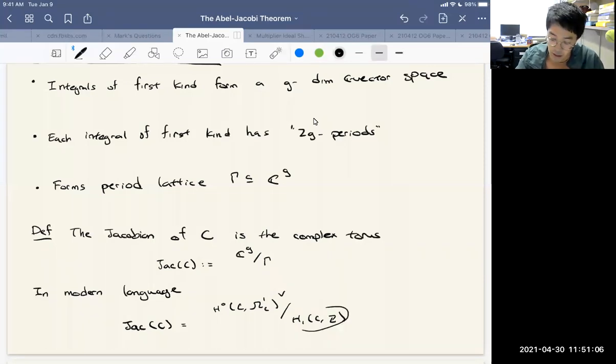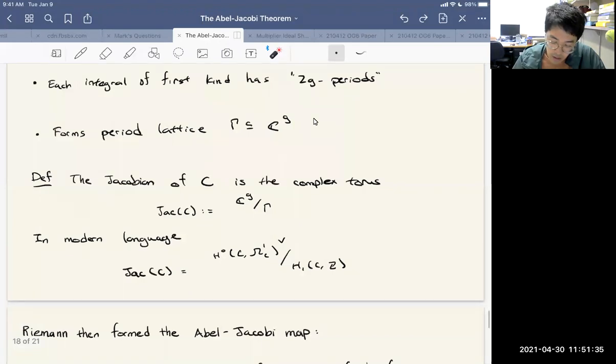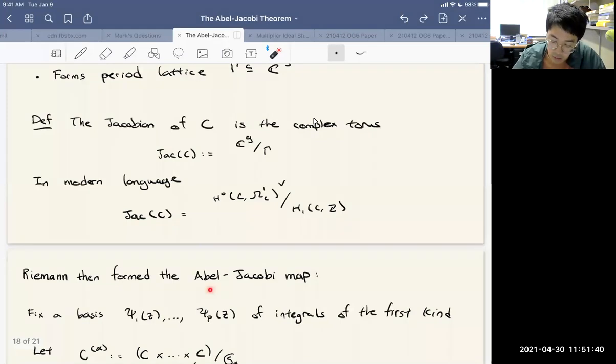And that's exactly what the first homology, or the fundamental group, captures here. So this is the more modern way of writing down the Jacobian. But when Riemann was doing it, he thought of it as integrals of the first kind modulo this period lattice. So this is what the Jacobian is. And with this new interpretation, Riemann formed something called the Abel-Jacobi map.